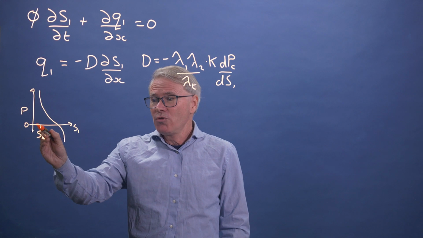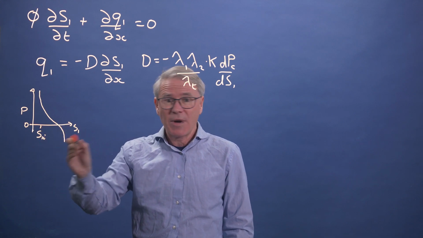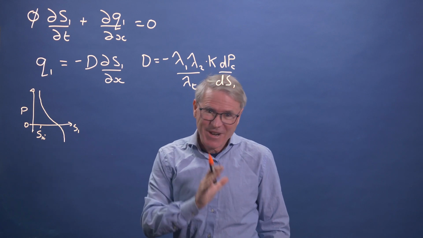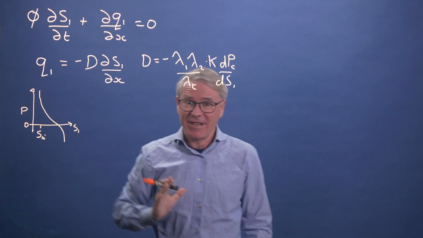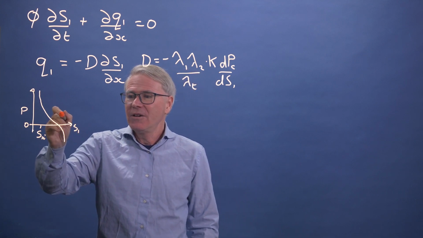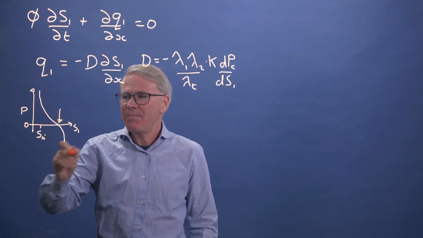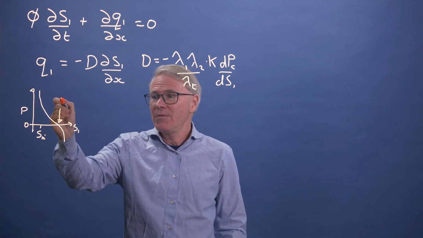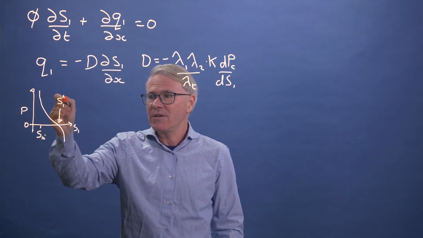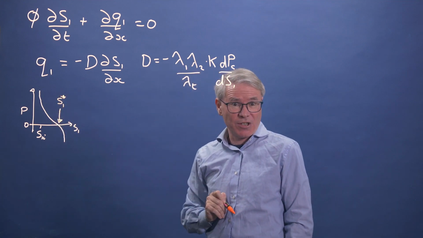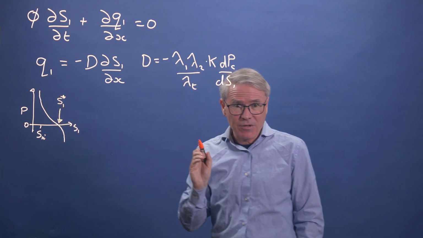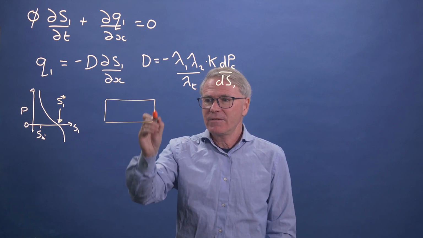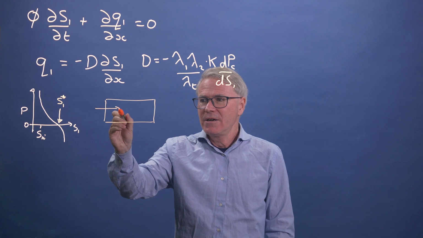So we don't drive the saturation all the way down to a residual, which we do if we're pushing one phase in, say we're pushing water. We can only imbibe to where PC is 0 because it's spontaneous imbibition, and we call the saturation at which this occurs S star.